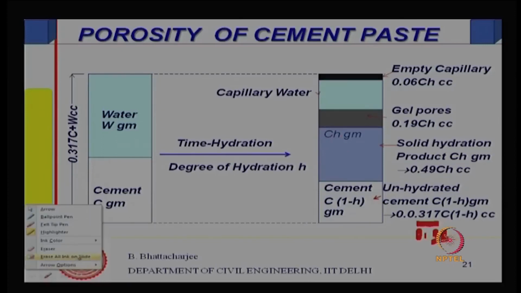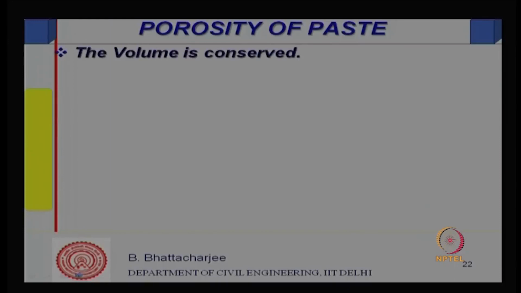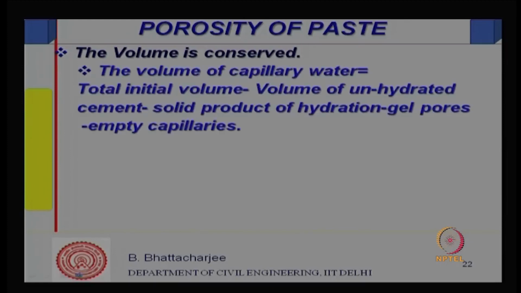Therefore, using these concepts I can calculate the porosity of the paste. The volume of capillary water will be the total initial volume minus the volume of unhydrated cement and empty capillaries. I can find the capillary water volume because the initial total volume is known and the other component volumes are known; I subtract them.